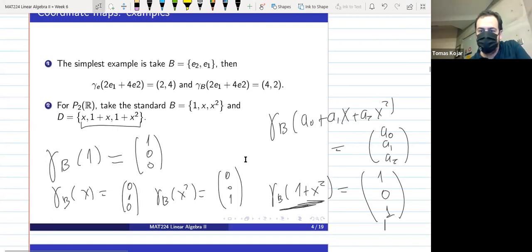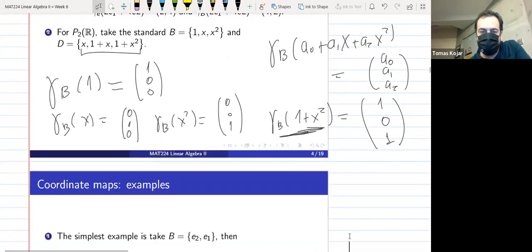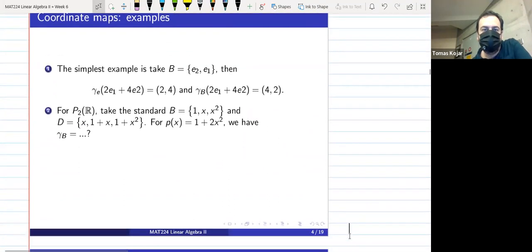All right, so I think I have them all here, right? Oh, I did. So let me write them. Gamma b of 1 plus x. Okay, let me just do the example. Doesn't matter. So now they ask you to find the gamma b of p of x.